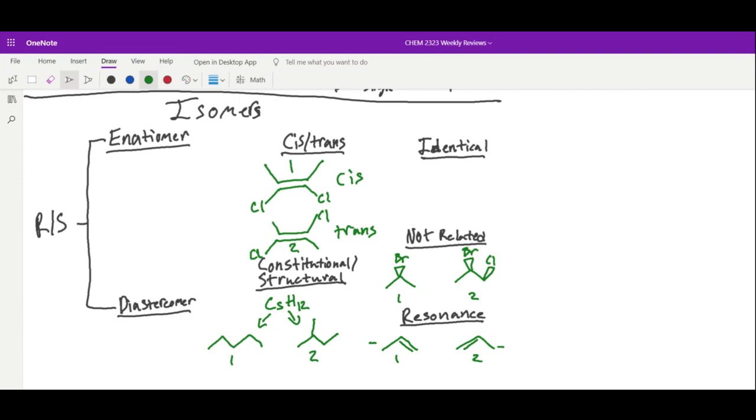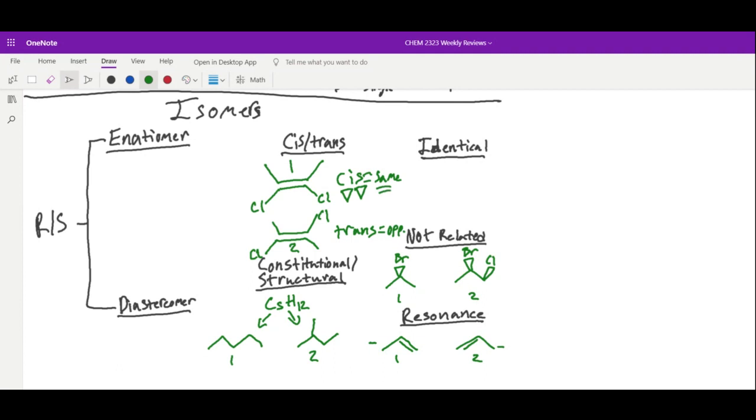So cis means they're on the same side. Trans means they're on opposite sides. Cis can also look like using wedges and dashes. If you have two wedges, that means they're both pointing the same direction, sterically.